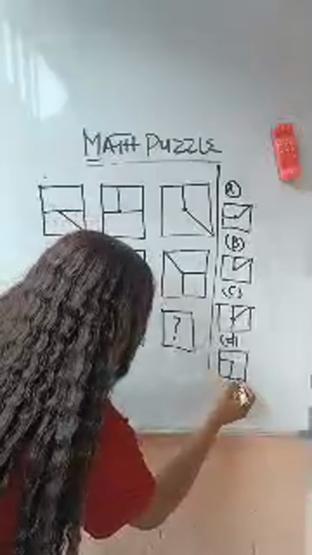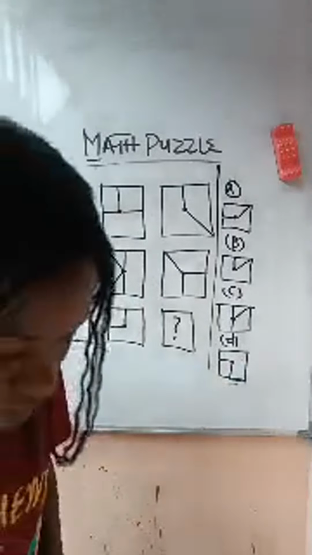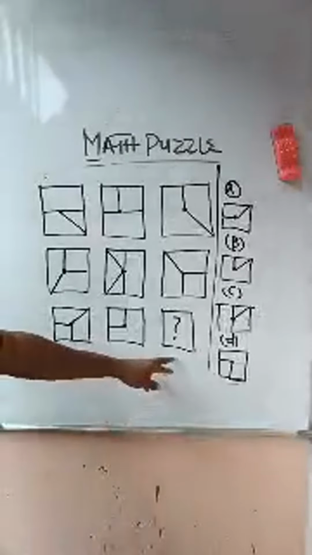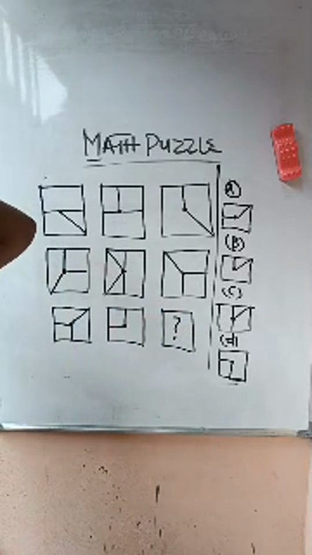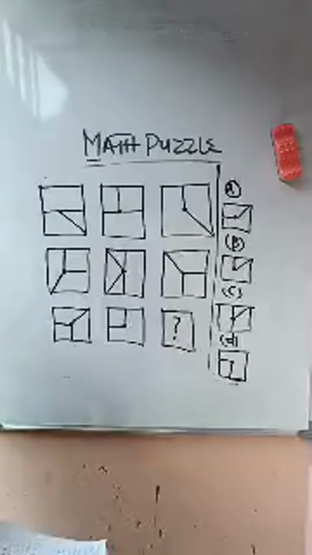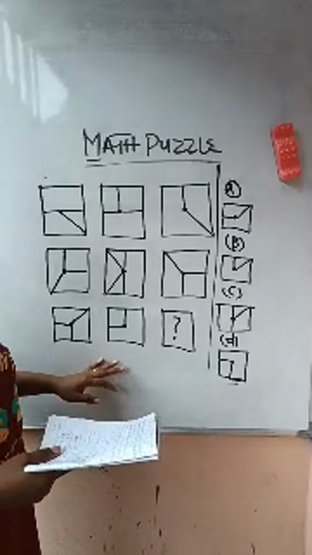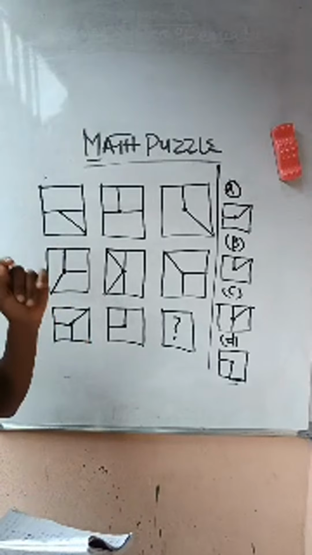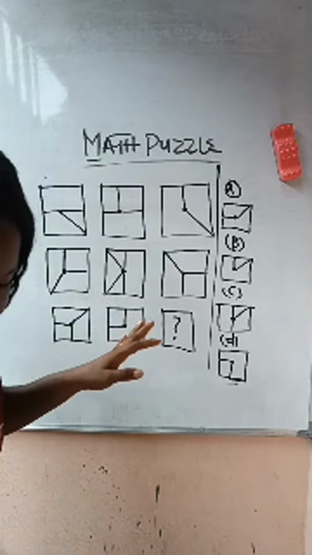All these are squares, so the shape doesn't really matter because it's a freehand sketch. The question says we should find what should be here. Like I said, when I went for an interview, a pattern recognition question was asked, and unfortunately I wasn't familiar with such questions, so I guessed my answers.